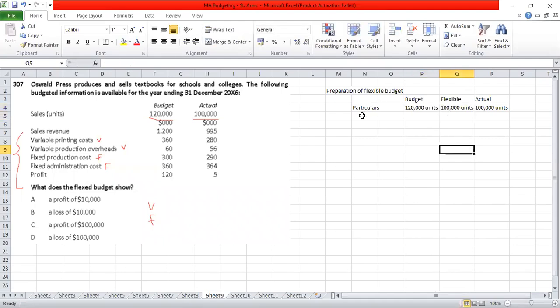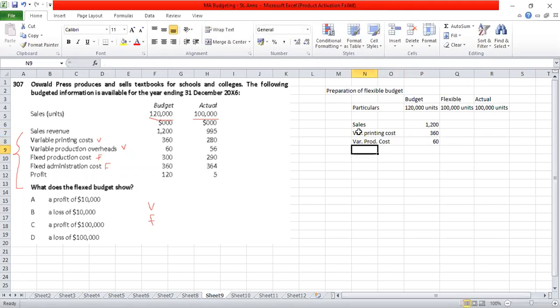Okay, so let's first list out all the items in the budget. Sales is given, sales is 1,200. Then we have variable printing cost, which is 360. Then we have variable production cost, which is 60.